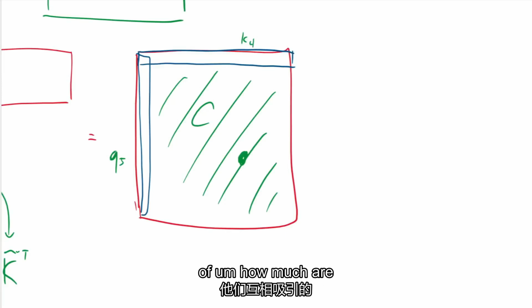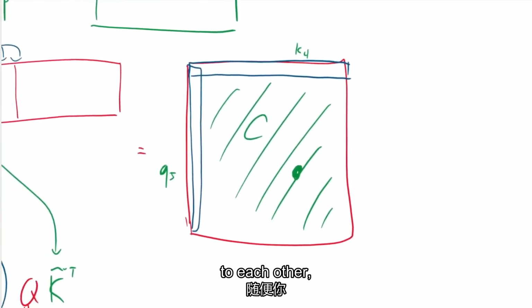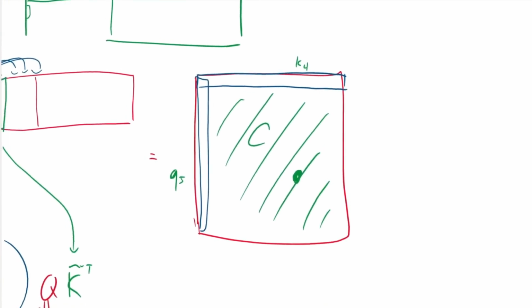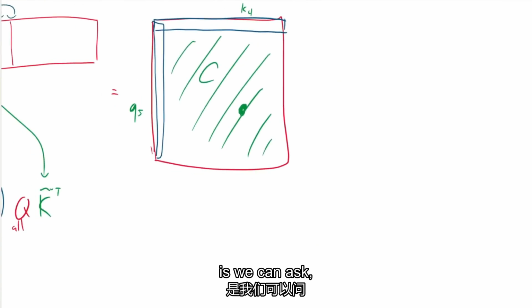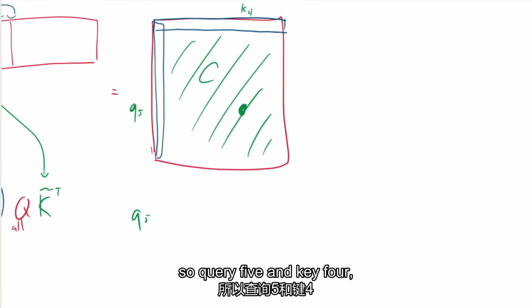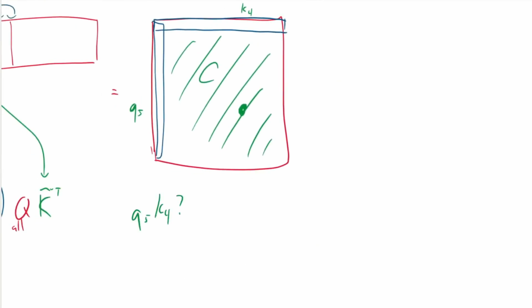How much are they attracted to each other? Whatever you want to call it. And we don't know. What we do know, however, is how query 5 interacts with key number 1.